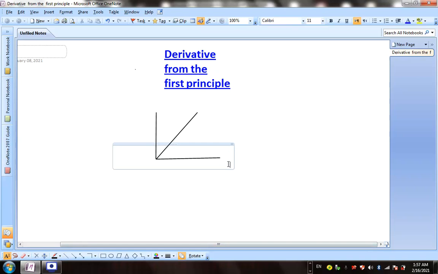So in here, let's call it x axis. Is the x axis. And here we have the y axis.